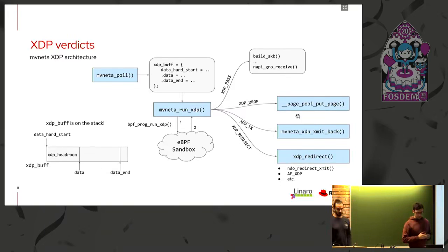It's important to notice here that the struct xdp_buff is allocated on the stack and not through a kmem cache as is done for a classic SKB.